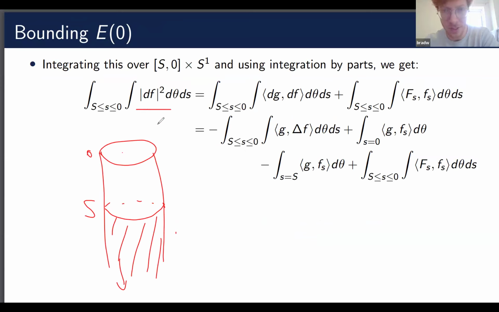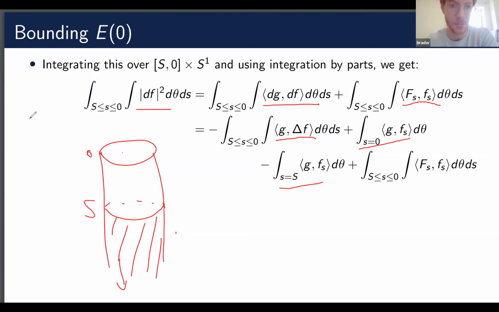We're integrating df squared, so this is the energy over that region I said. Then using the previous equation involving g, we bring g into the mix. And we also have this term involving the average. Then we use integration by parts, so we get g with the Laplacian plus some boundary terms.